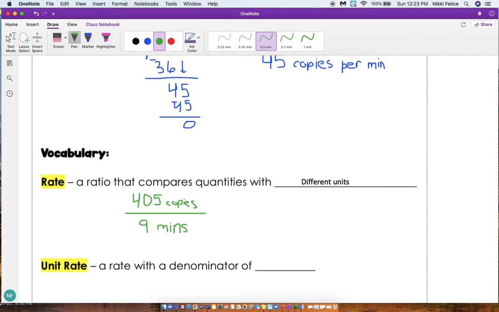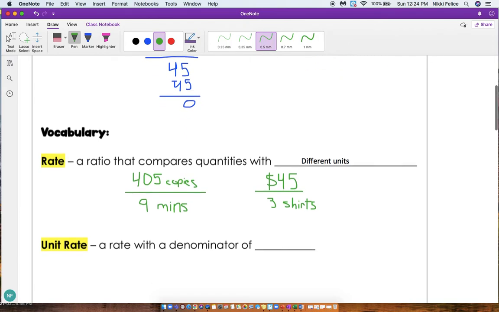We could also do something like it costs $45 to buy 3 shirts. That would be a rate, $45 per 3 shirts. So a rate is a ratio. It's just that the two parts of the ratio have different units.